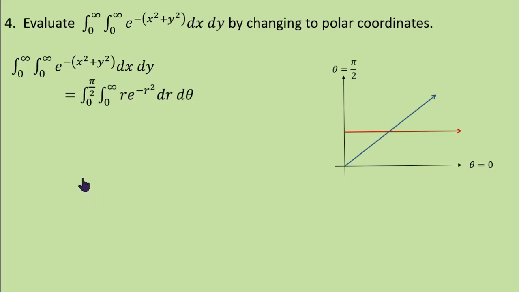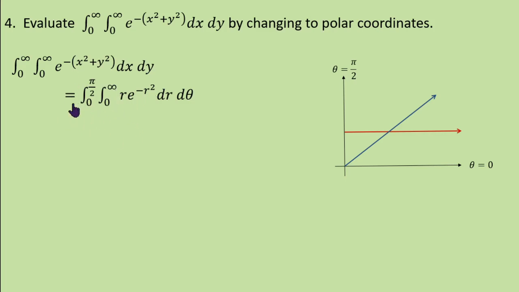Now, how can we integrate r e power minus r square dr d theta? Assume that r square is t, 2r dr is dt, or if you assume minus r square is t, then minus 2r dr is dt, but here r dr is there, therefore divided by minus 2.